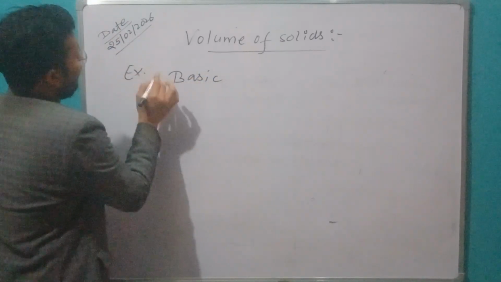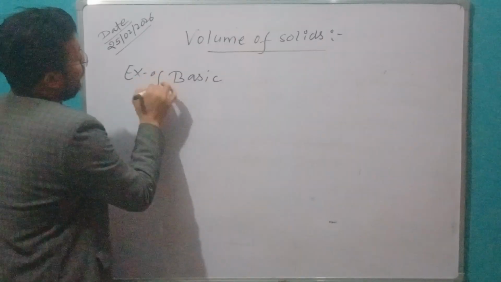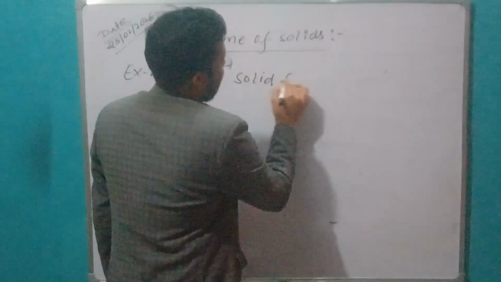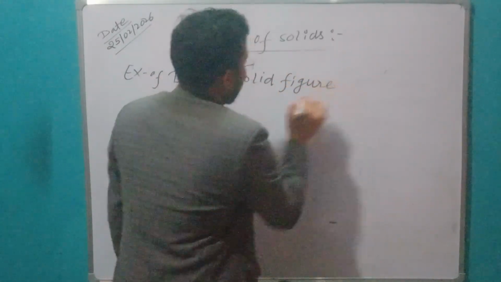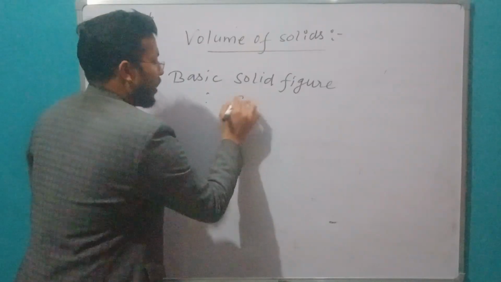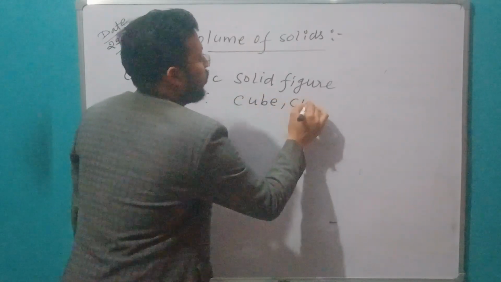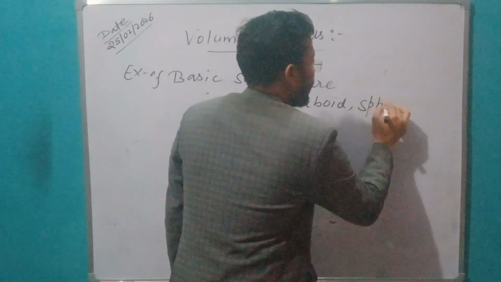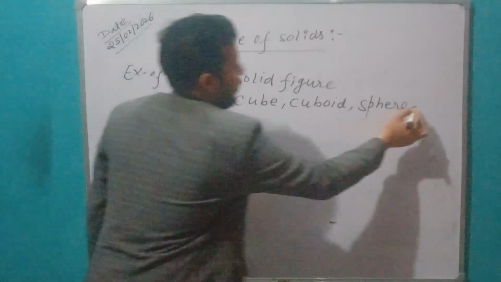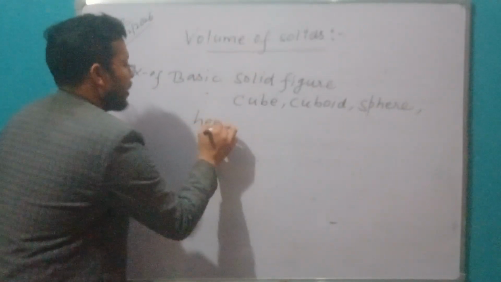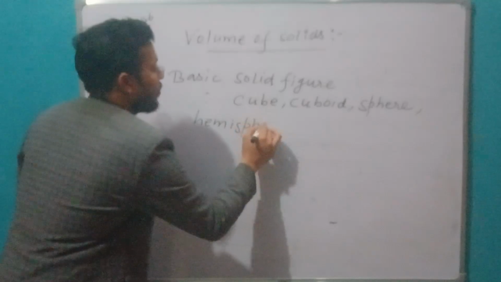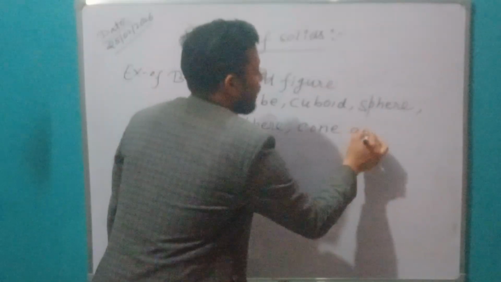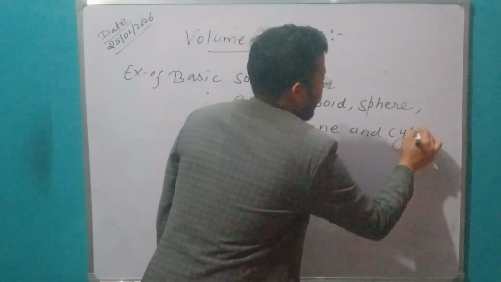Examples of basic solid figures are the cube, cuboid, sphere, hemisphere, cone and cylinder.